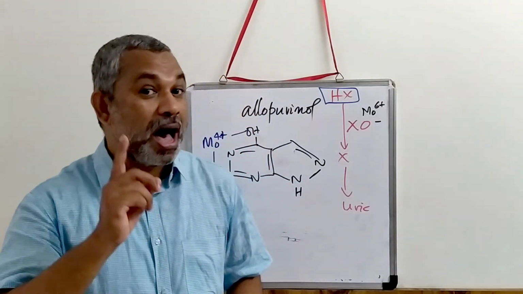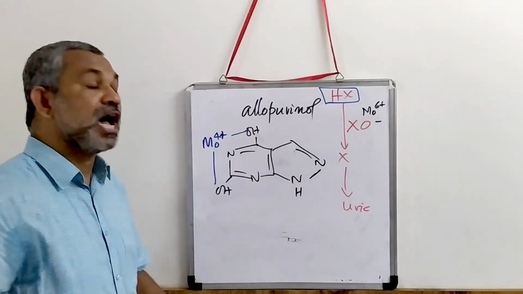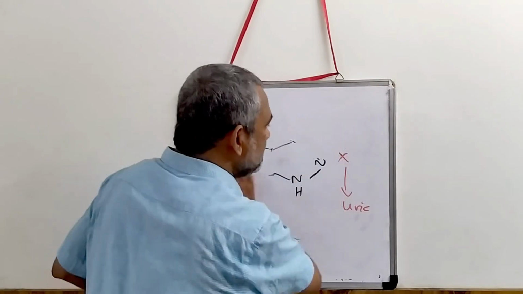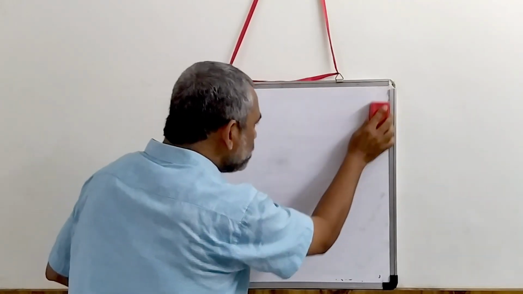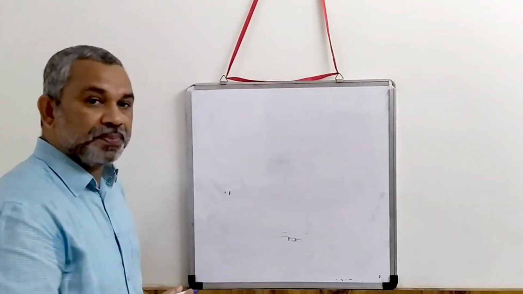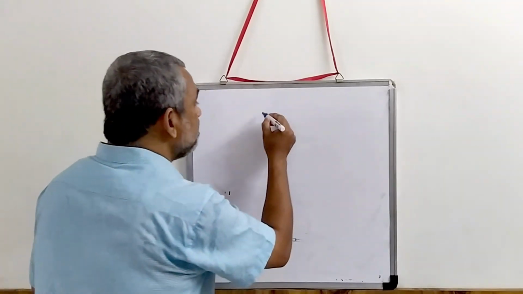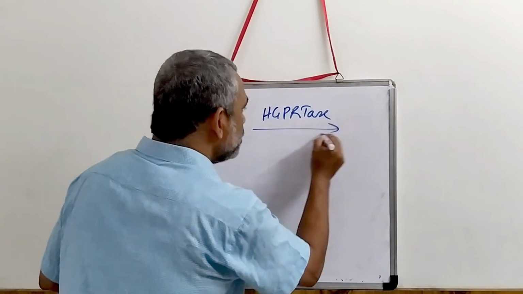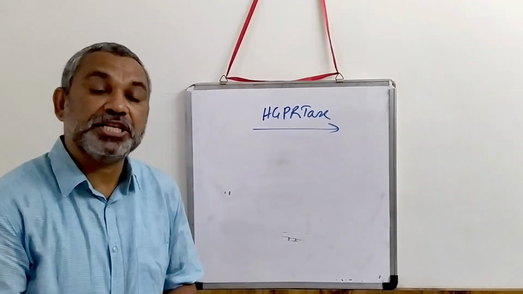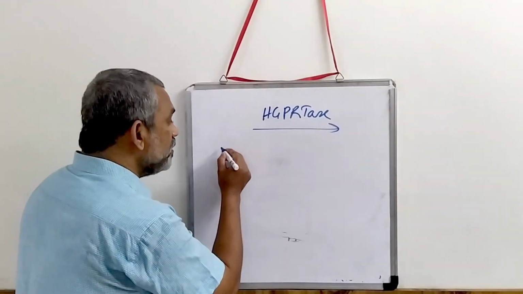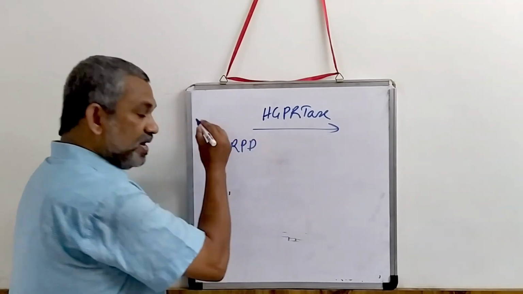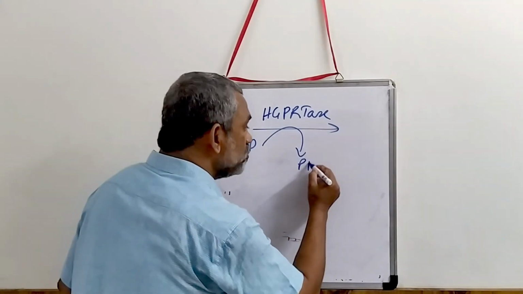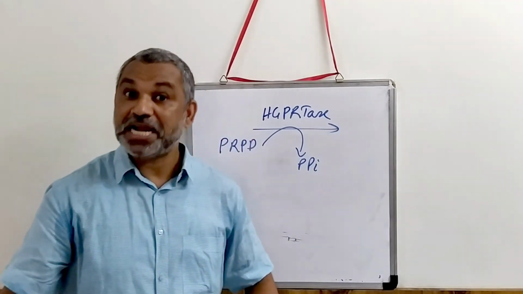There is also another mechanism by which allopurinol acts. Let us see what that mechanism is. It works with the HG-PRTase enzyme. You know that the HG-PRTase enzyme uses PRPP. We have seen the salvage pathway earlier, where PRPP is used and a nucleotide is formed.